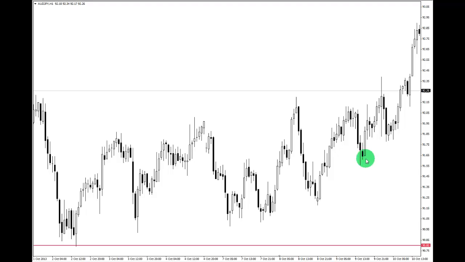Okay, so when a bank or an entity comes in the marketplace and defends a particular level, it may be option expiration, it may be other factors that are fundamentally driven that are outside the scope of this teaching. This is where we see the basis of what it looks like and why they'll be defending it. Okay, they're going to defend this area here.